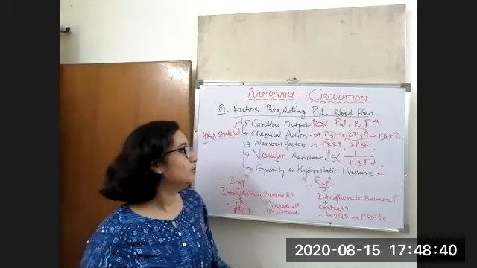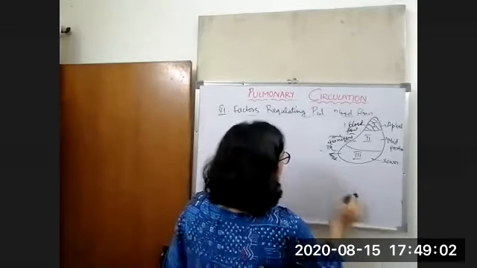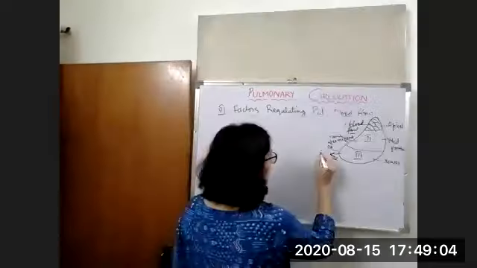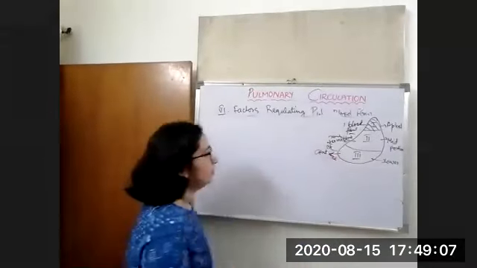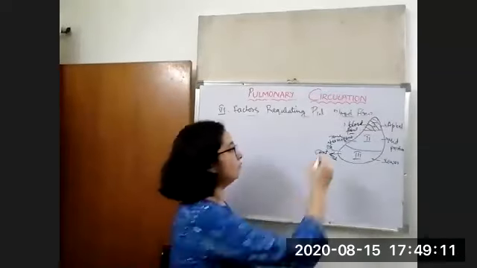Okay. Now the lower portion is known as the zone of continuous blood flow. That is, the blood flow never stops there. It is continuously flowing. So to summarize, the apical portion, zone 1, has no blood flow, zero blood flow.